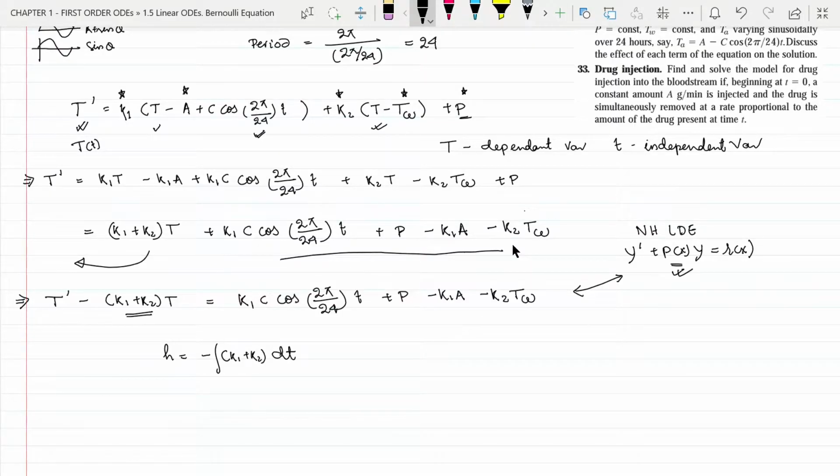We are writing dt here instead of dx because, as we have already discussed, here t is the independent variable, and r equal to K1C cos 2 pi by 24t plus P minus K1A minus K2 T omega.